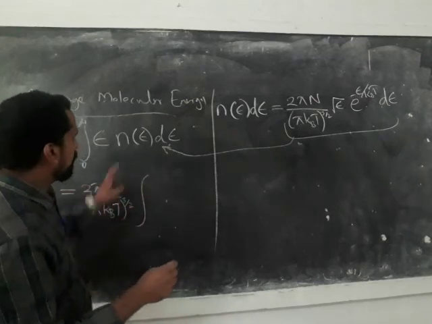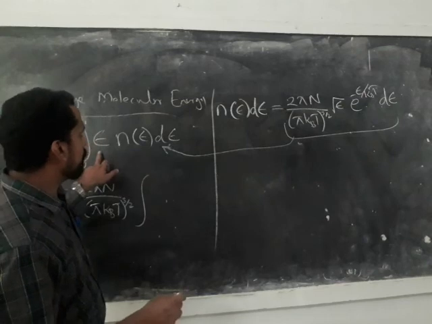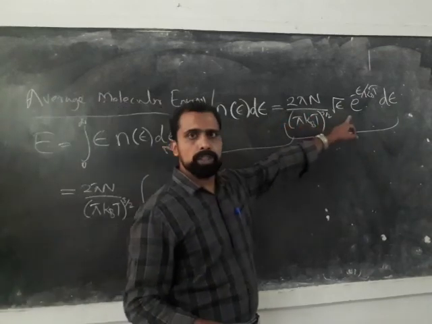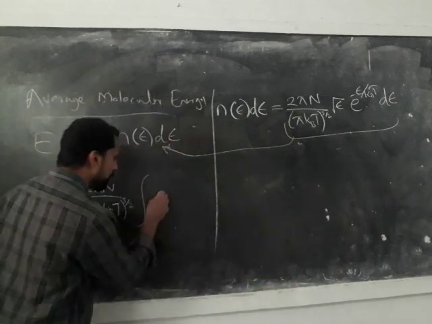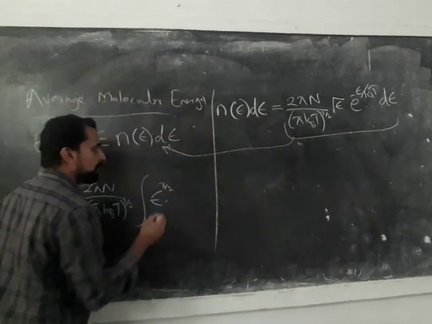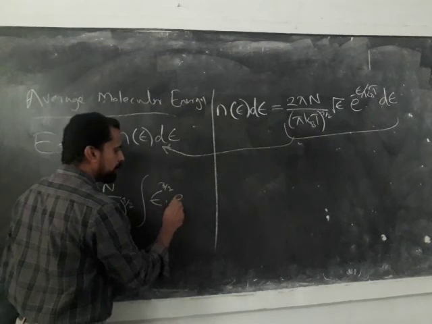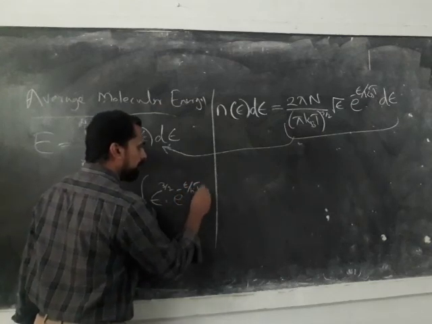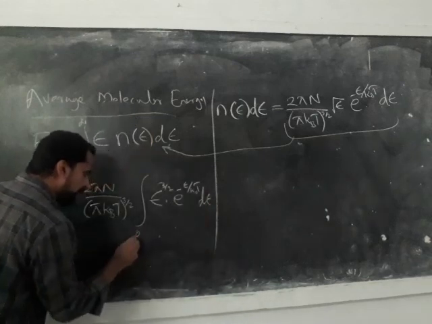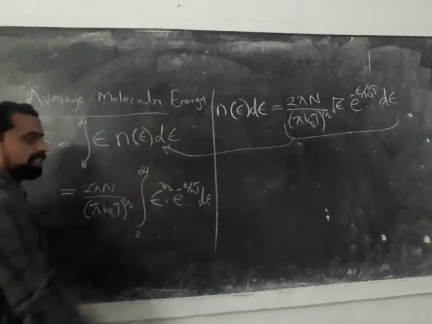There is an epsilon here, and a root epsilon from this term, so you will have epsilon raised to 3 by 2, then e raised to minus epsilon by kBT d epsilon with limits from 0 to infinity.